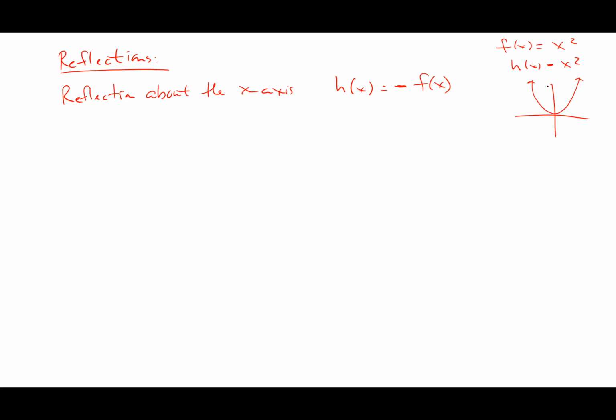And reflected about the x-axis, if I fold it over, take that piece and fold it over like a pancake, it's going to be right here, true? There's my negative. So a negative stuck out in front of the function itself is going to flip it across the x-axis.